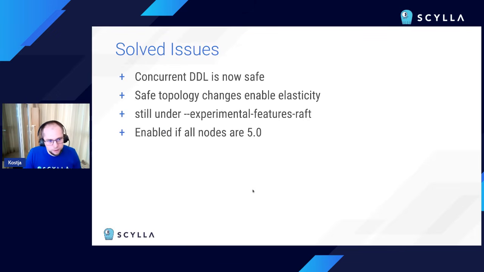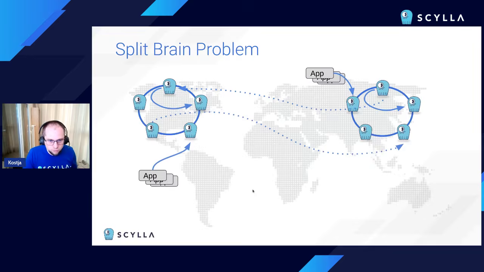To summarize, concurrent DDL is now safe. Anomalies such as spurious errors, shadowed keyspaces, or columns are impossible. Schema propagation is much faster. Topology changes propagation is much faster and more reliable. And starting from the next major release, Raft-based schema management will become the default.